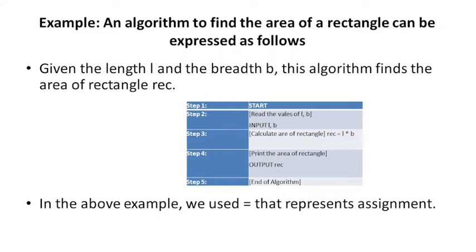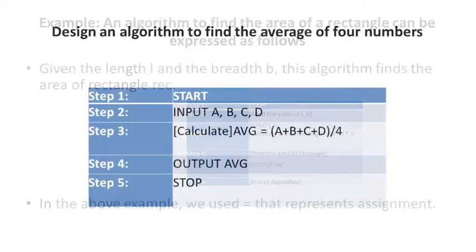Step 3 is calculate the area of the rectangle. Area of rectangle equals L into B, length into breadth. Step 4 is print the area of the rectangle, output REC. And the fifth step is the end of the algorithm, that is stop.